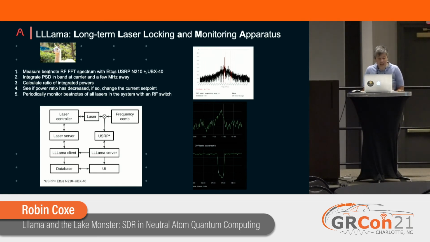If the power ratio has decreased, we detect that with the USRP, and we change the current set point, and this feedback loop keeps the lasers locked for a long time. So this apparatus is called LLAMA, Long-term Laser Locking and Monitoring Apparatus.